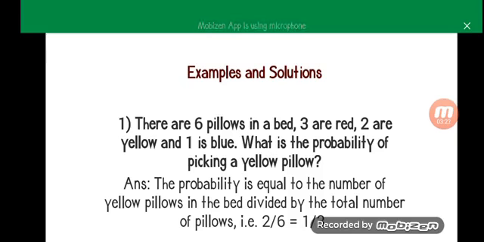So the total number of pillows there is 6. Now, what's the probability of picking a yellow pillow? What is the required outcome? The required outcome there is 2, because we have 2 yellow pillows there. So you are going to have 2 over 6, 2 as our required, 6 as our possible. 2 over 6, which is equal to 1 over 3.